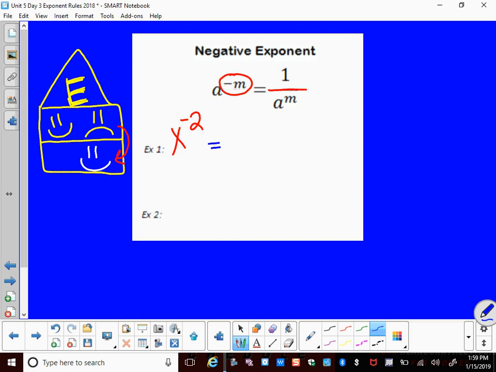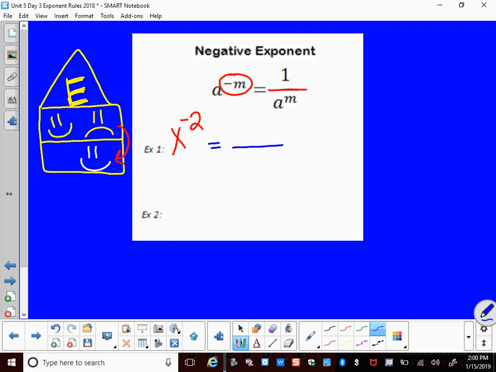Do I have a division sign here already? No, I can create one though. Whatever is attached to the negative exponent has to move, just like your sibling that was crying and moved downstairs. So, what's attached to that negative 2?